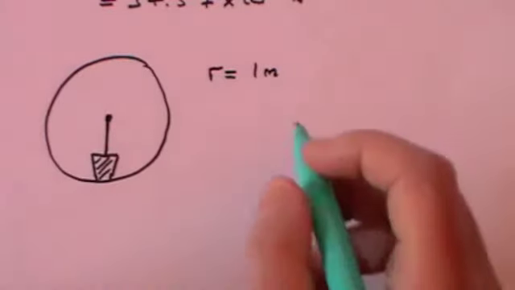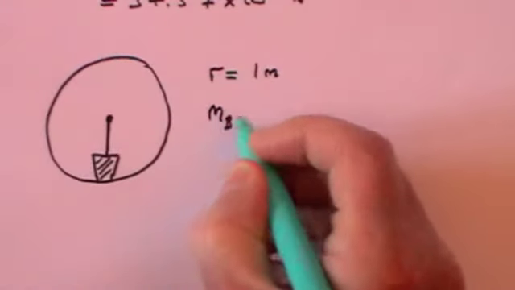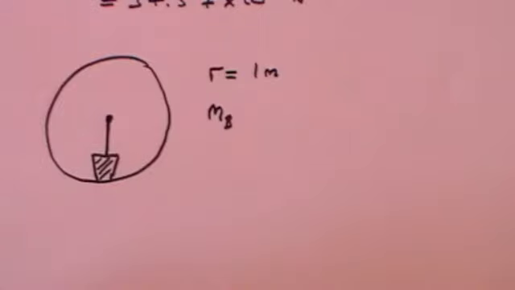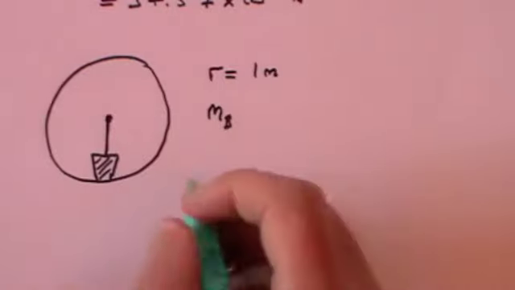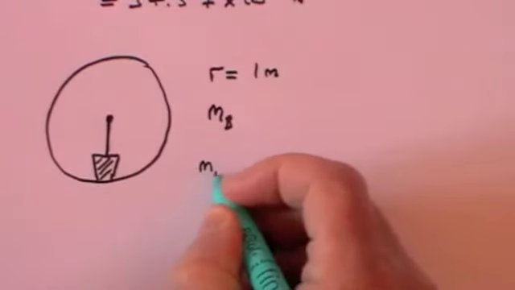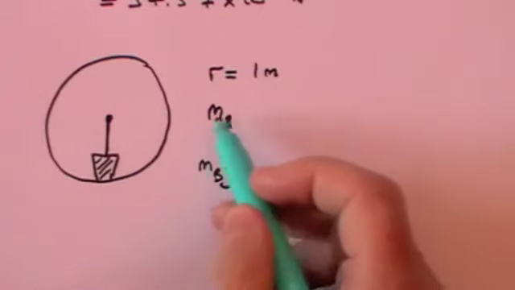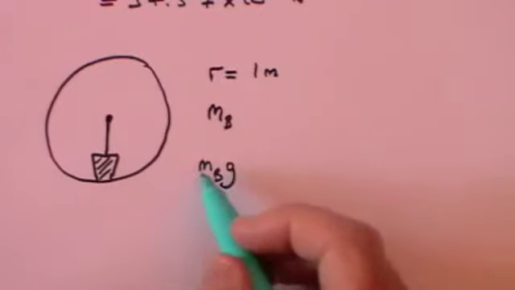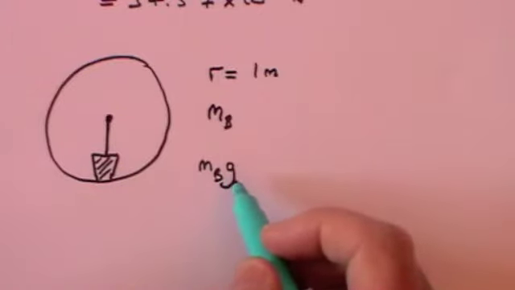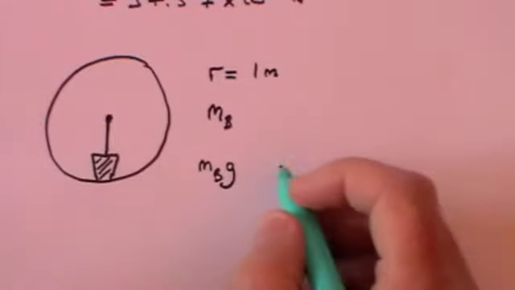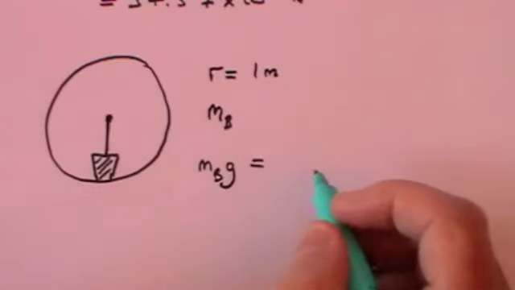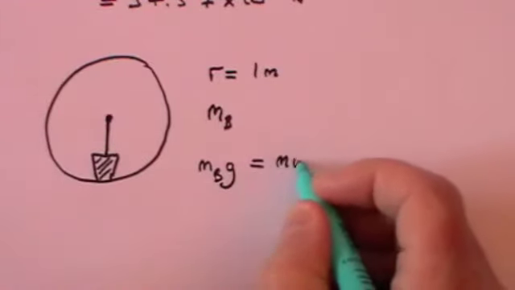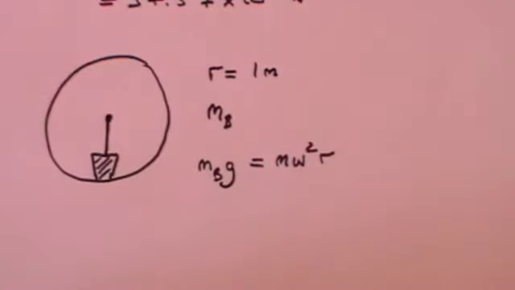So let's assume that the mass of the bucket is mb, the mass of the bucket and the water. Then we've got this condition, that in order for the water not to come out, the force due to the bucket plus the water, which is mg, is going to have to equal the centripetal force, m omega squared r.